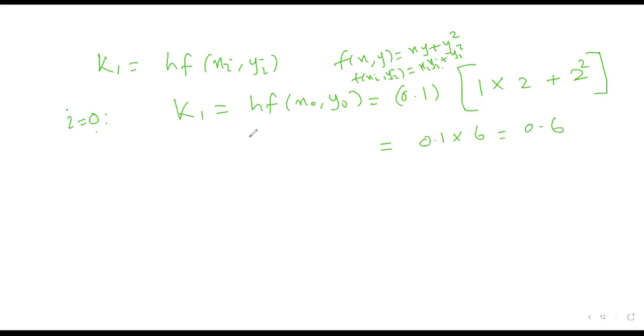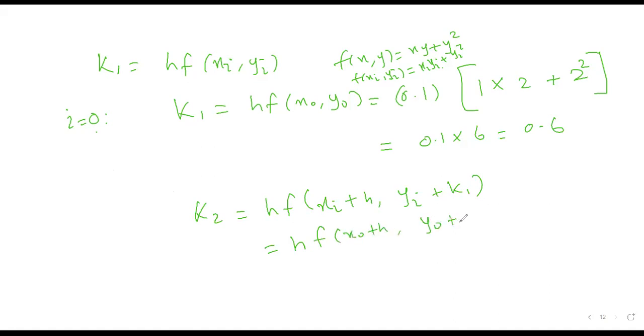I have found my k1. So what about my k2? k2 will be h of f of xi plus h, yi plus k1. If you transform this, for i equal to 0, I have x naught plus h, y naught plus k1.